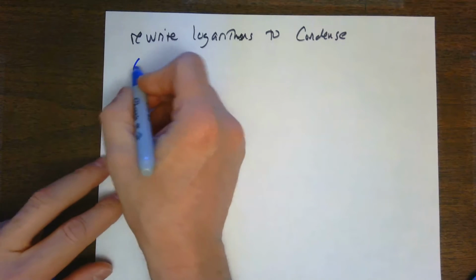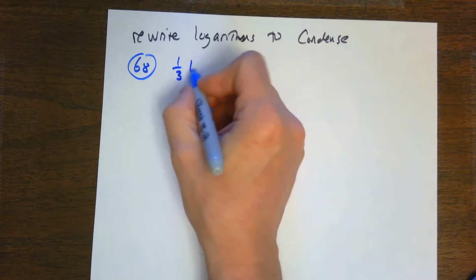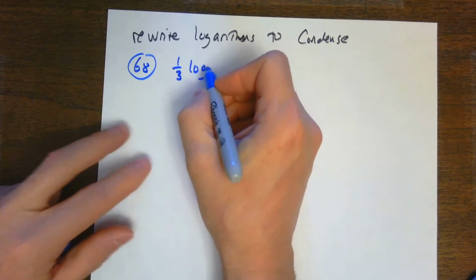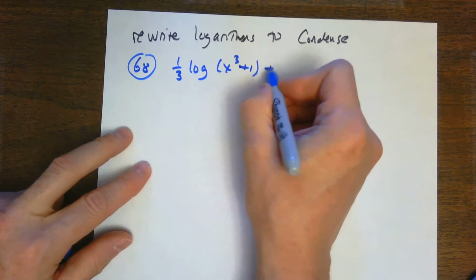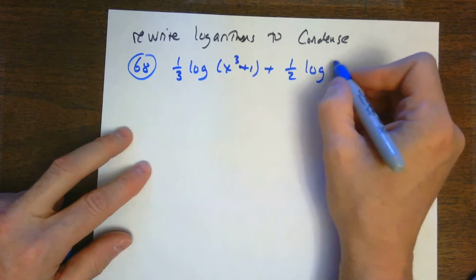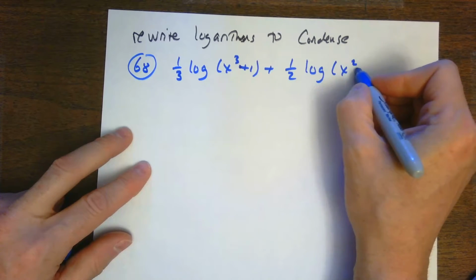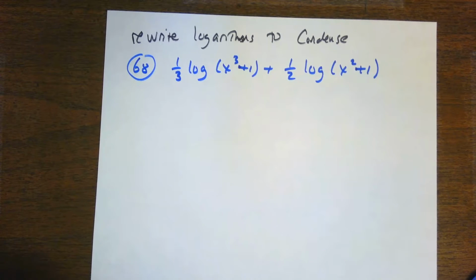Let's do number 68. 68 is 1/3 log of x cubed plus 1 plus 1/2 log of x squared plus 1. And how many terms do you see here?